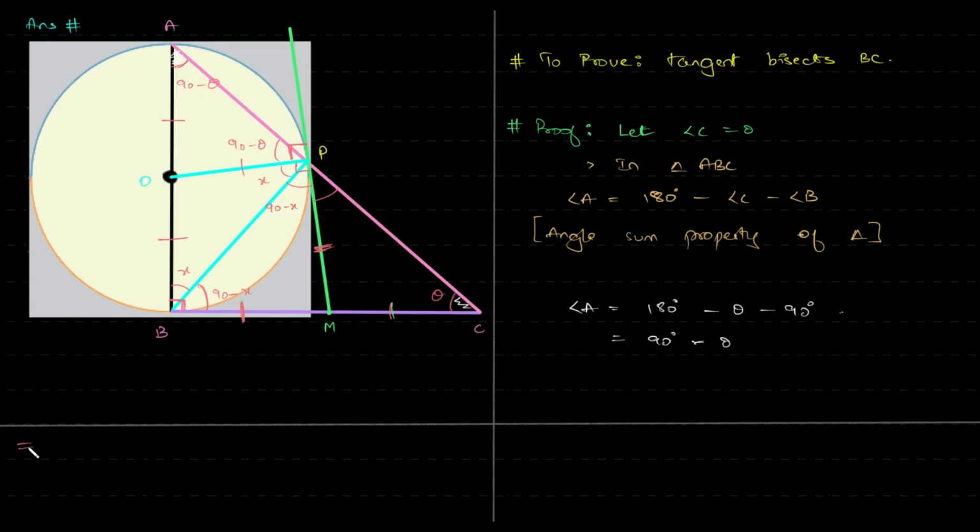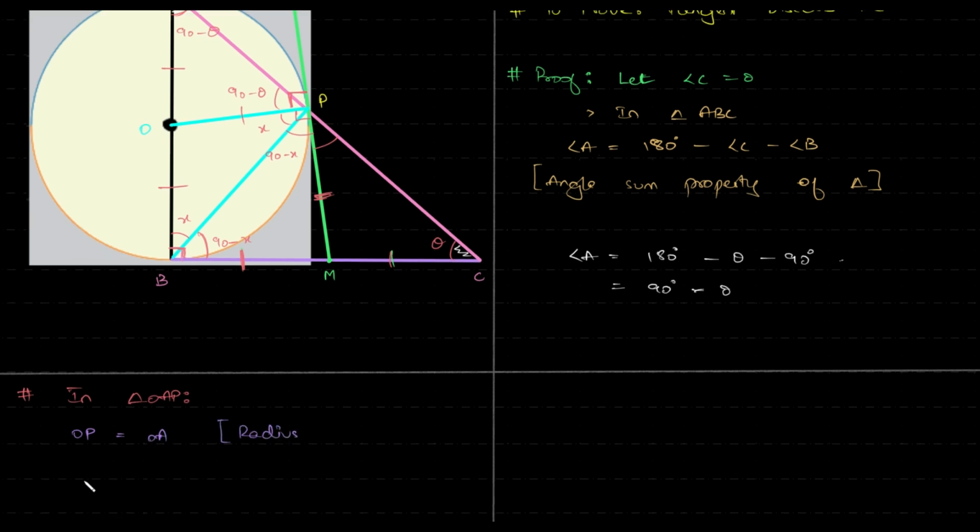In triangle OAP, what do we have? We have OP is equal to OA because they are radius, and so from this we can imply what?